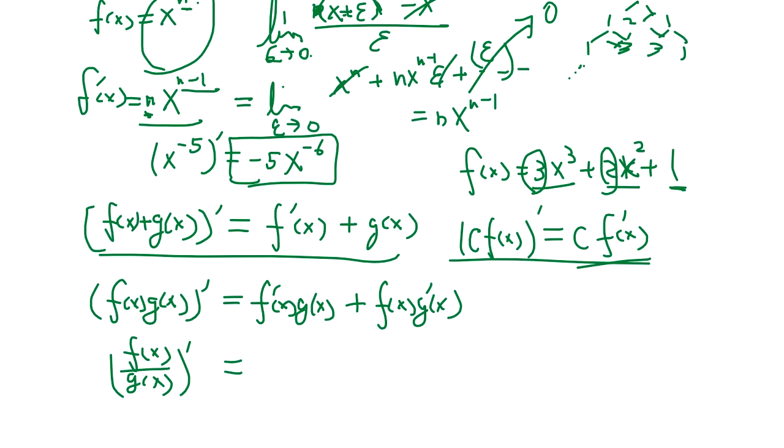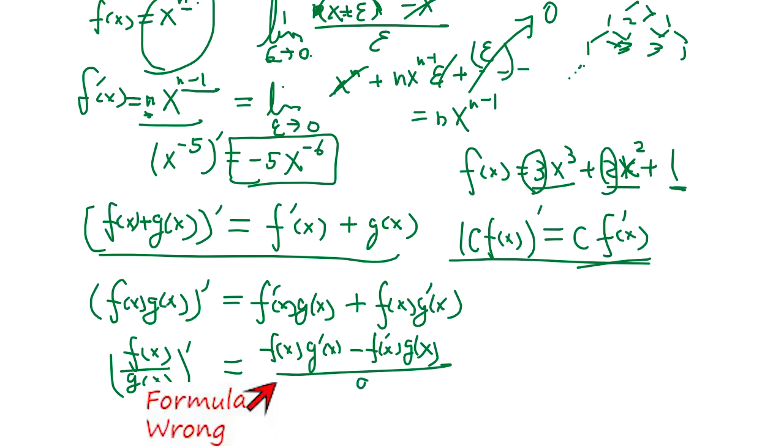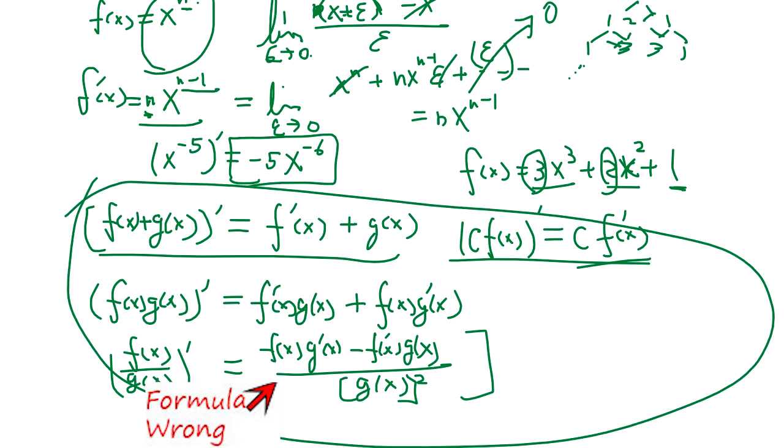The derivative is f'(x) g(x) minus f(x) g'(x), over g(x) squared, something like that. So using those theorems, we can get the derivative function of all kinds of functions.